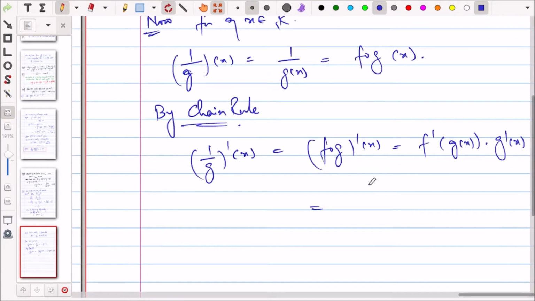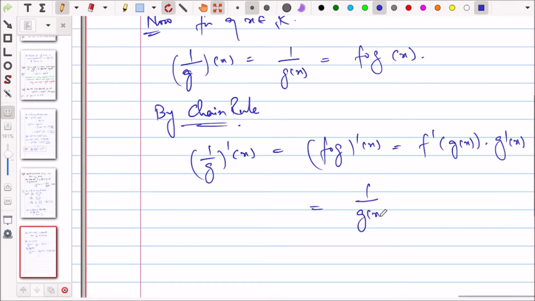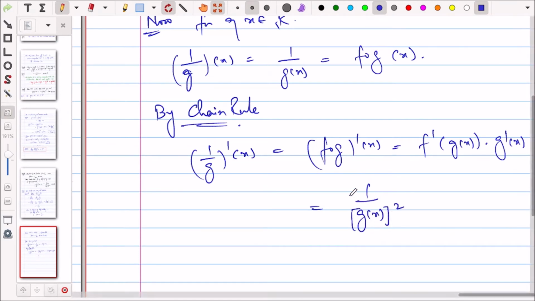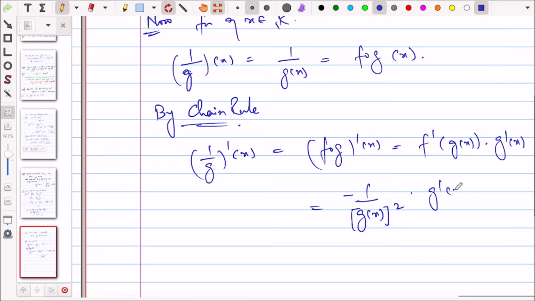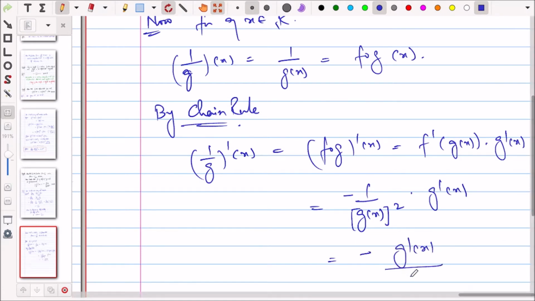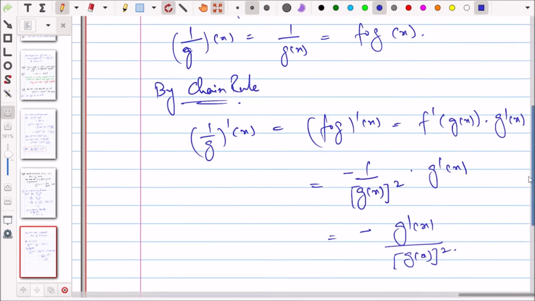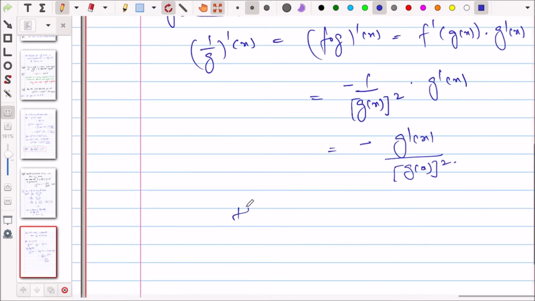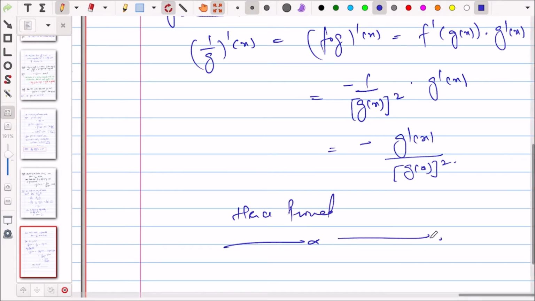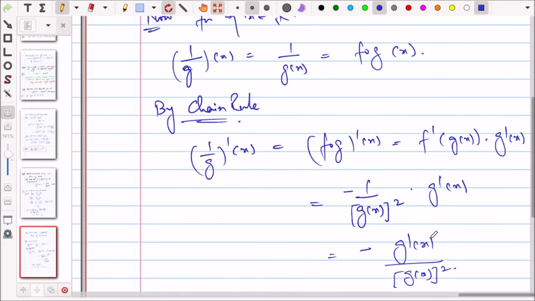And what is f dash g x? It is minus 1 by g x square. This is nothing but minus g dash x by g x square. Is it fine?